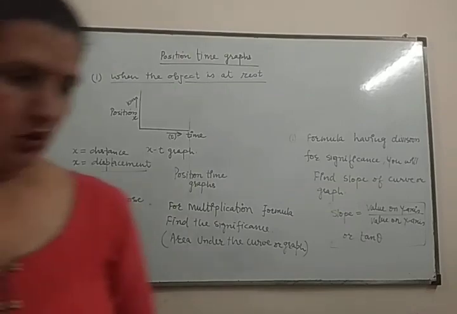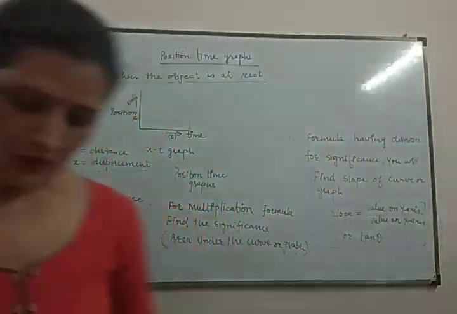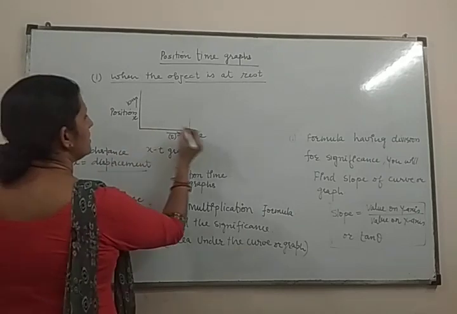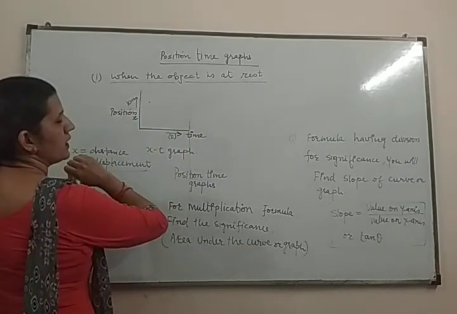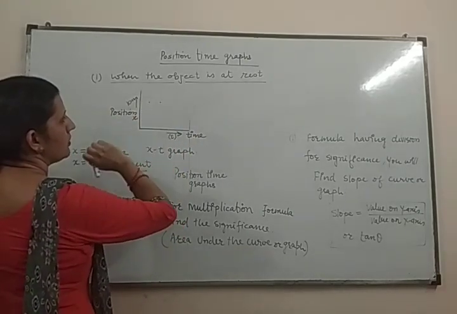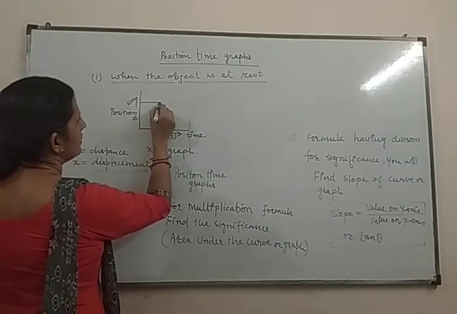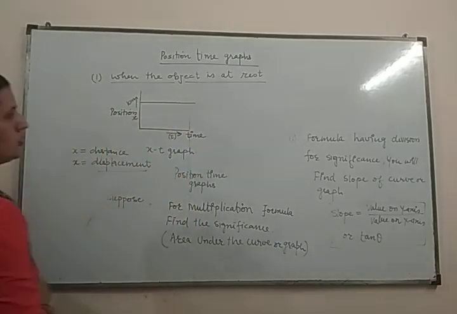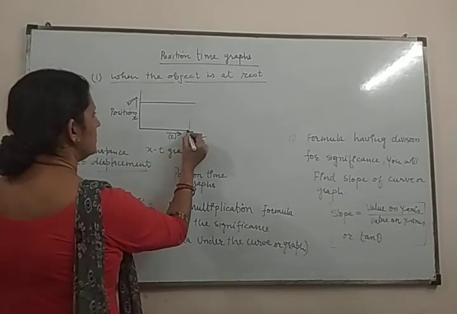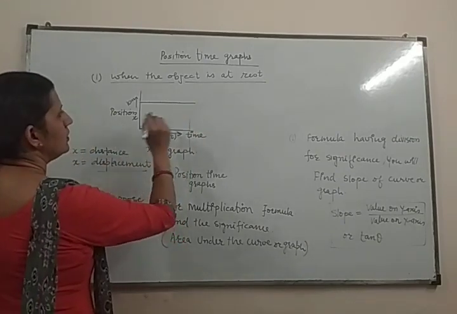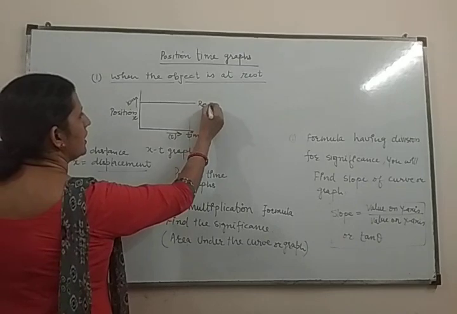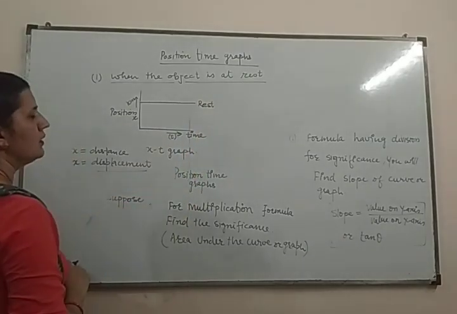Then time passes, the object remains at 10 meters. Again the time passes, time goes on increasing, and the object is at the same position. So this gives you the object at rest.